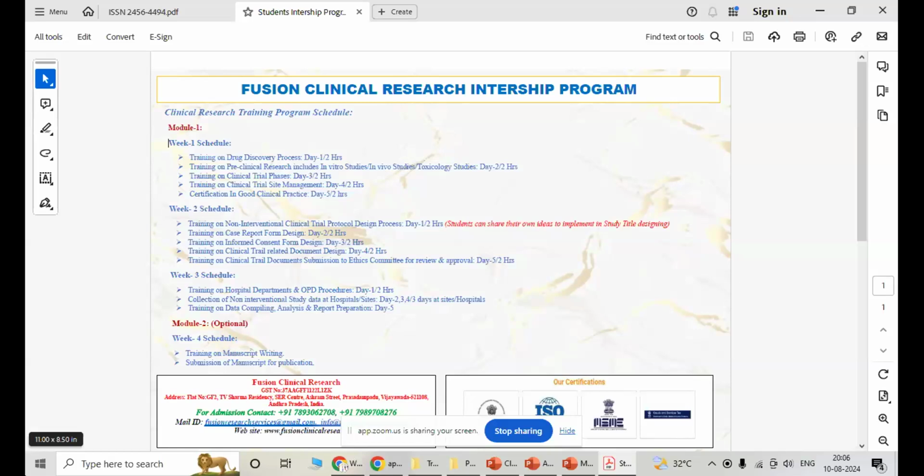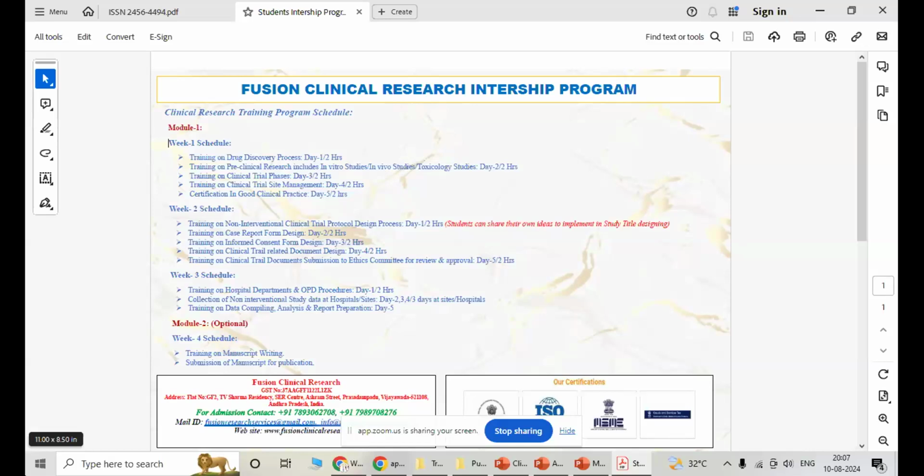So in the week 2 schedule, we will discuss and you need to prepare according to your ideas. You need to design a non-interventional clinical trial protocol. On day 2, you need to prepare the case report form. On day 3, you need to prepare the informed consent form, which we will collect from the patients whose data we are going to collect.